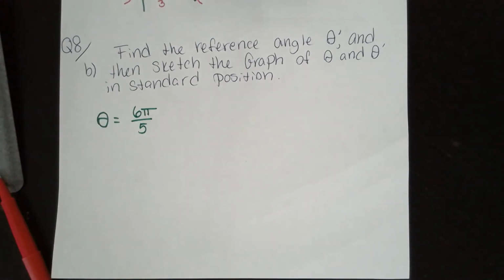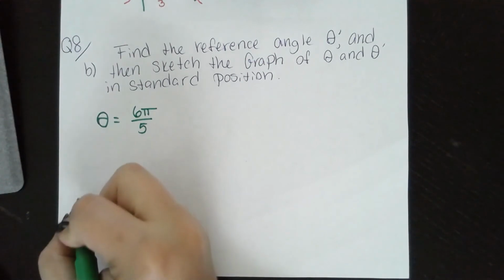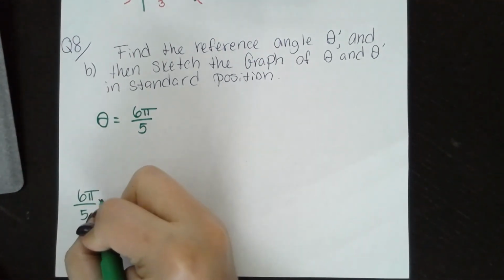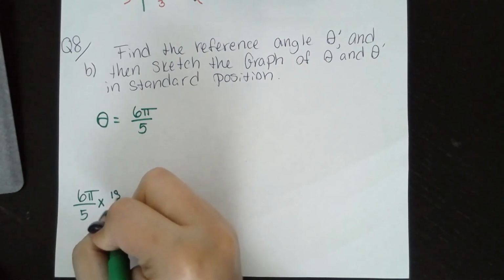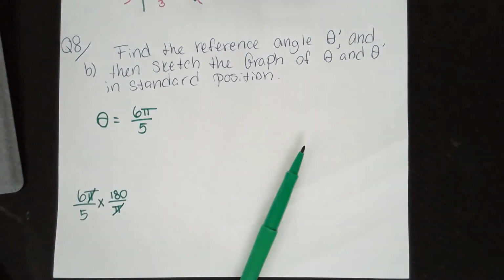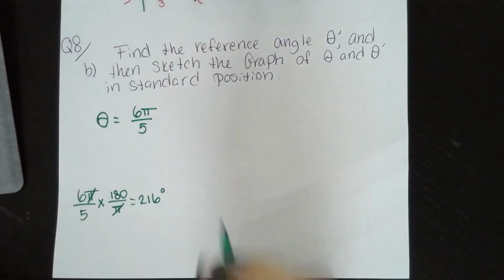You're not going to want to leave it in degrees; you're going to want to work in radians. But if I convert this to degrees quickly, 6 pi over 5 times 180 over pi gives 6 times 180 divided by 5. This is 216 degrees.